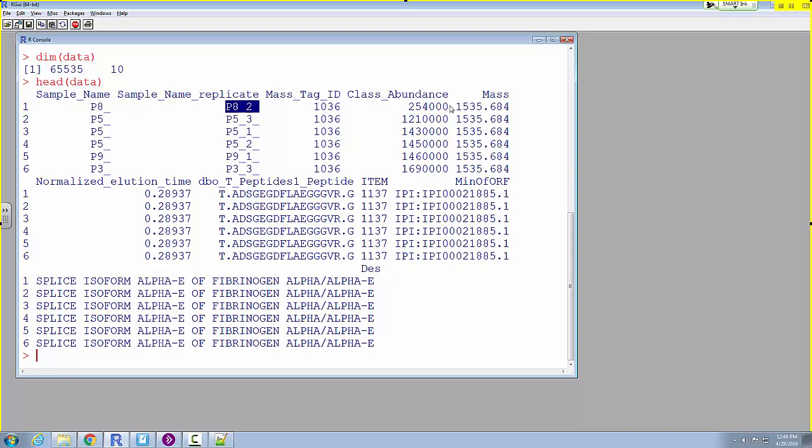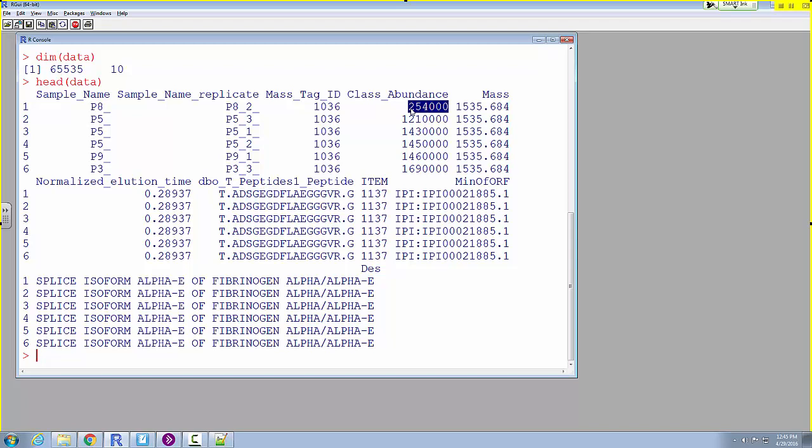So roughly speaking, if we went to all the spectra for this sample, remember that we would have many spectra for this sample because we have this liquid chromatography column that's spreading out the material into scans of more homogeneous peptides or ions. Of all the peptides that were identified for this particular person in this particular replicate, this one was seen with a peak height, roughly speaking, of 254,000.